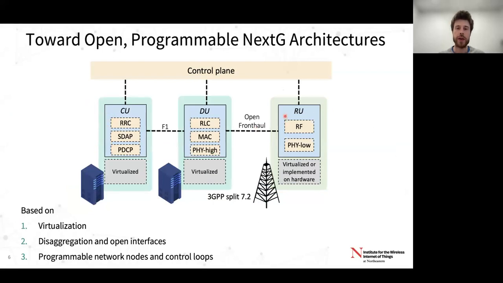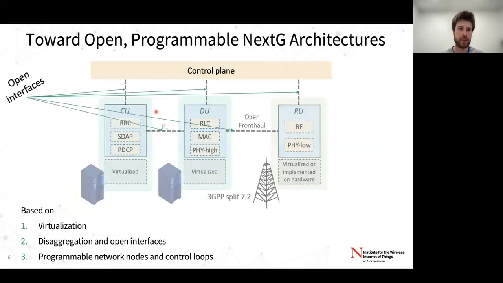With this, we have our network components. So we have the RU, the DU, and the CU. They need to interface with one another, and they interface with some open interfaces. So for example, they interface among one another, but also with the control plane that we saw, for example, in the RICs. We have open interfaces that are used to interconnect all of these components that potentially are produced by different manufacturers.